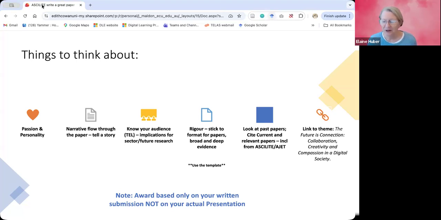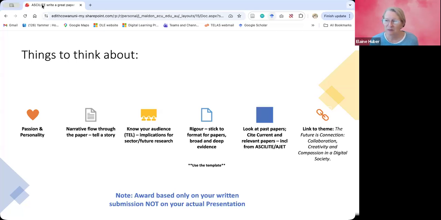Okay, so just a brief note there also about the awards, and that the award is based on your written paper. So we don't turn up to your presentation at the conference and judge your presentation. When we give out Best Paper awards, they're already pre-decided from the review team.